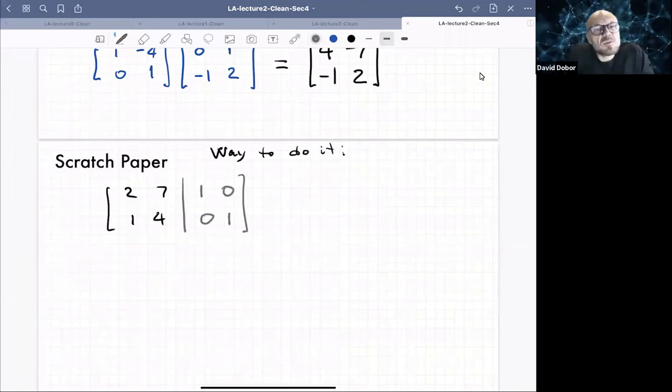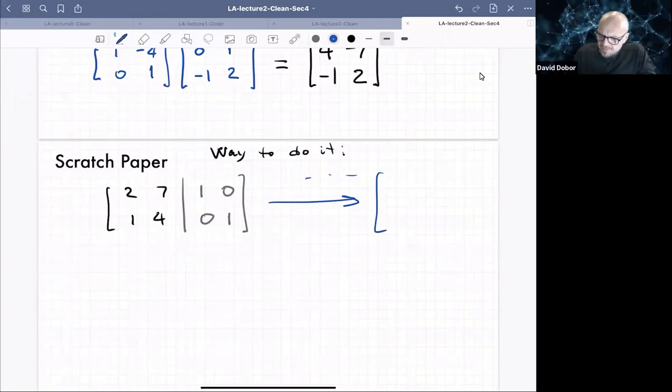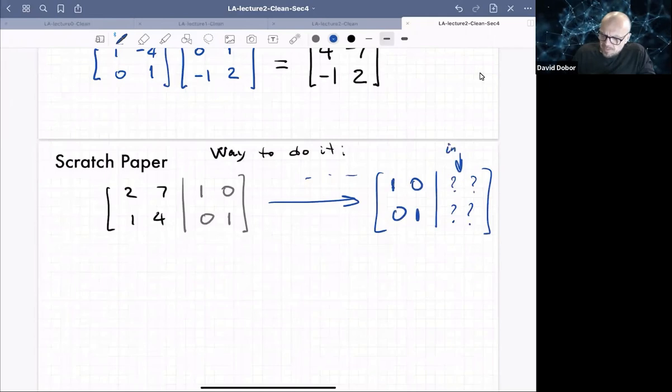And you encapsulate all these elementary row operations by manipulating the rows of this augmented matrix. I'm going to manipulate these rows somehow, and at the end of the day, I will end up with an identity matrix here, and here I'm going to end up with something.